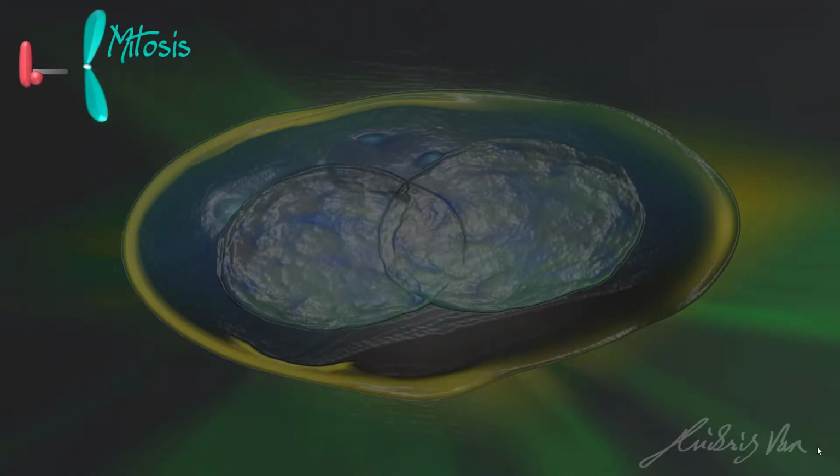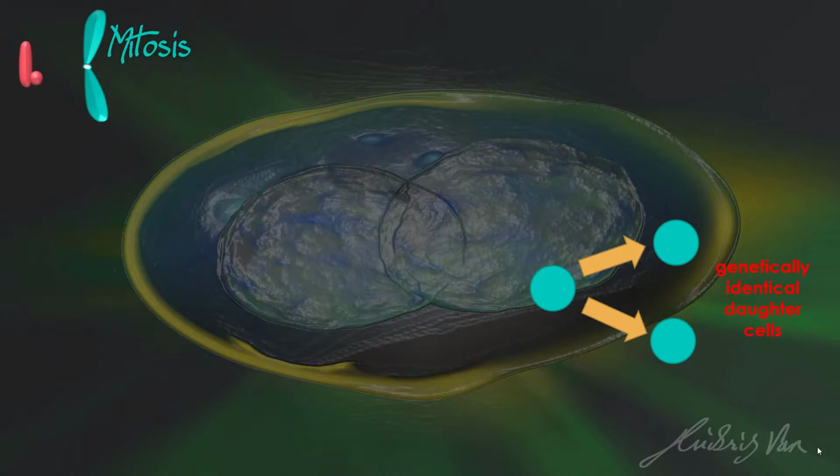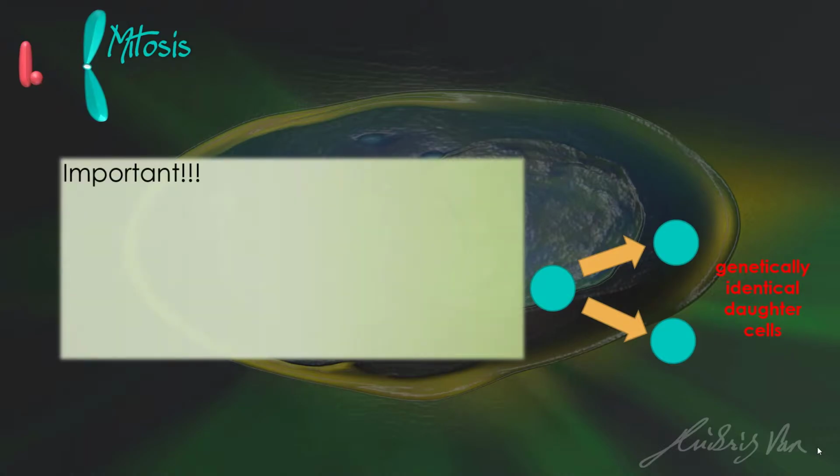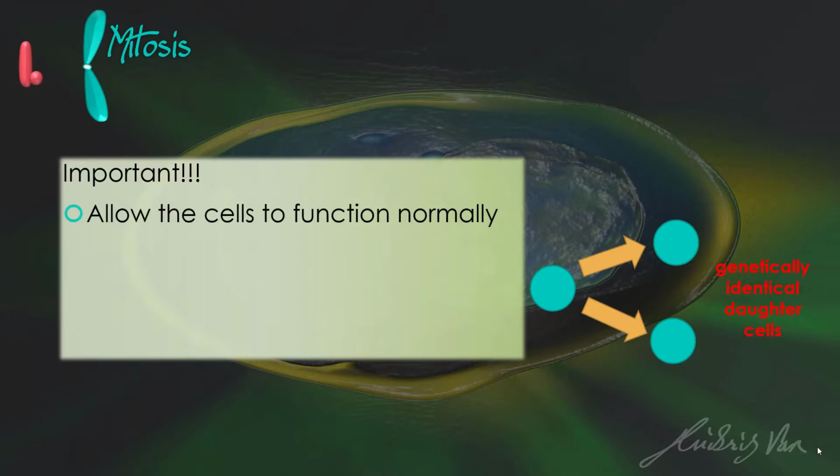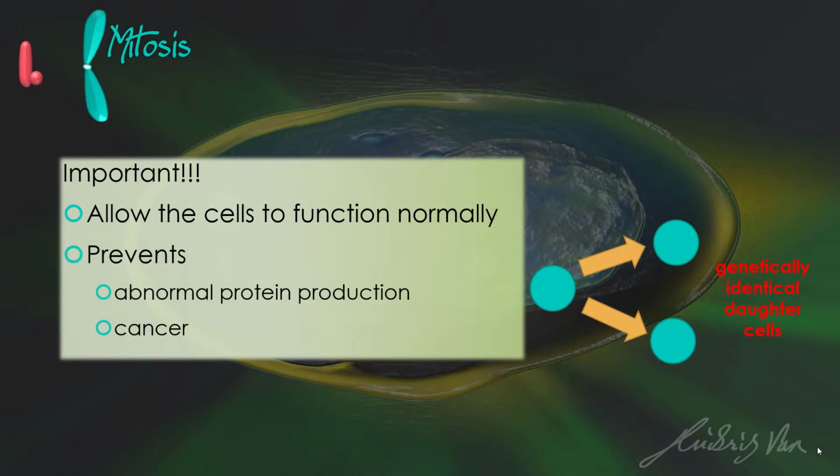Let's recap. The end result of mitosis is one cell will produce genetically identical daughter cells. Why is this important? Because it will allow the cell to function normally by preventing abnormal protein production as well as preventing cancer.